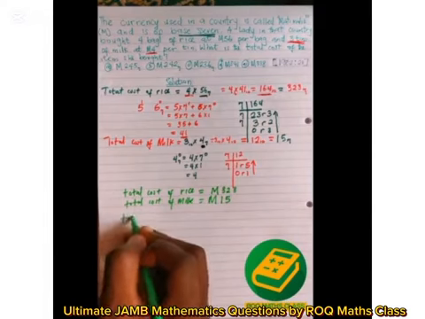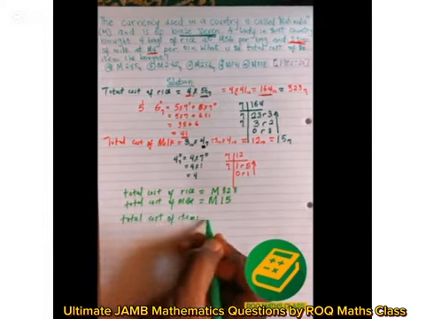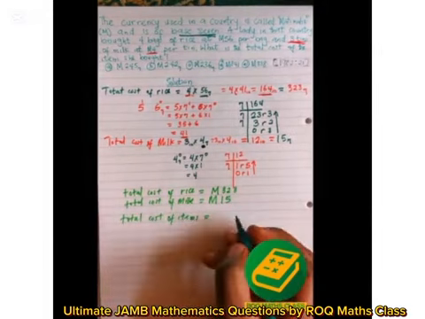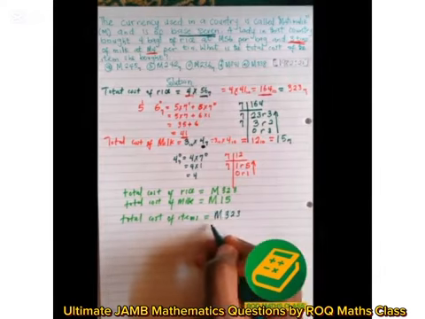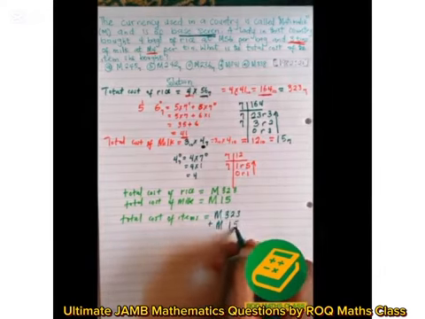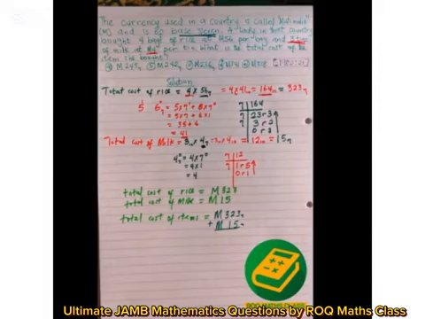Then the total cost of the items is equal to the addition of these two. I have to add the two together. Don't forget that both of them are in base 7.